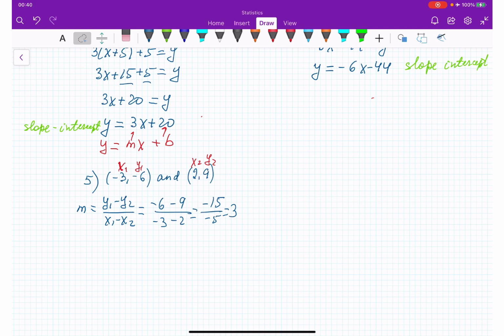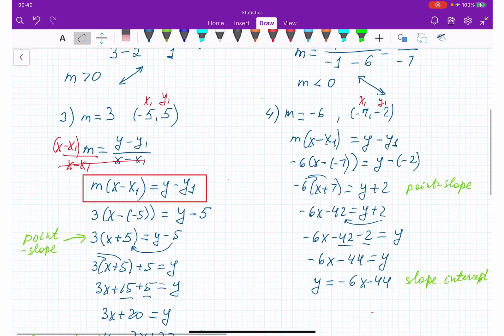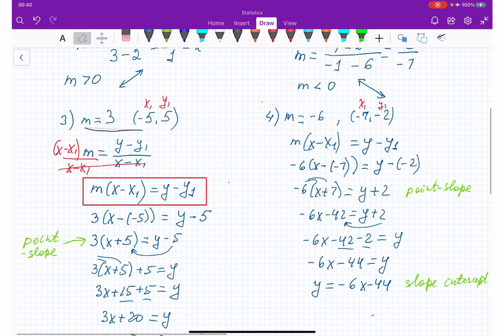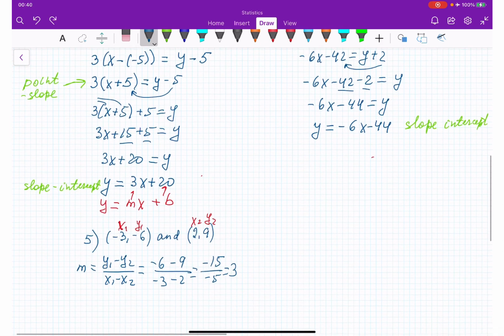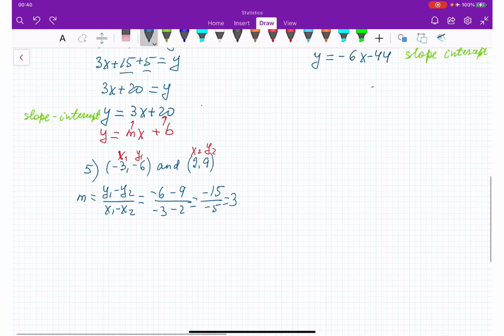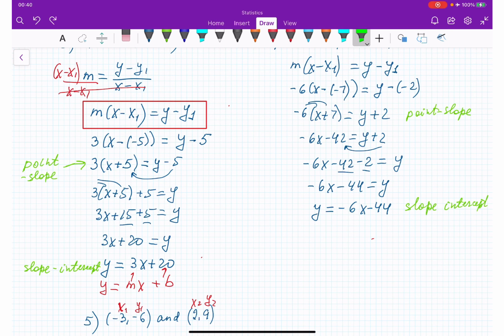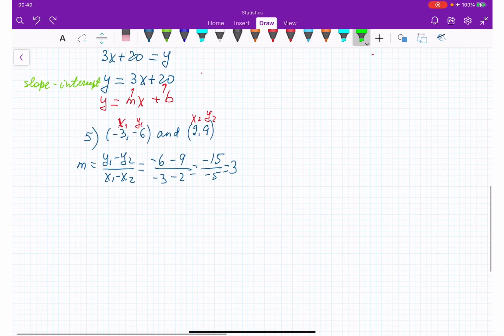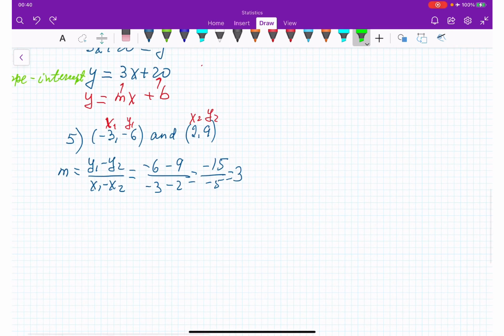Now we're back to this form where we have slope and point. Slope and point, right? The question is, which point? We have 2 of them. Which one? Either one. You can pick either one, slope and either point.